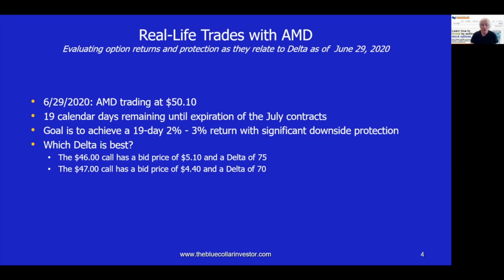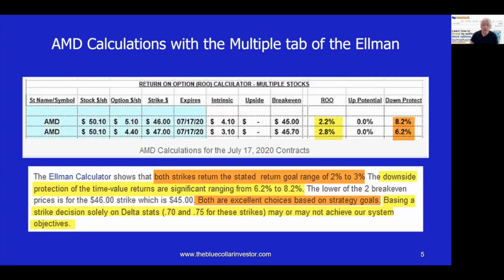The 47 call had a bid price of 4.40, lower, with a delta of 70. So more protection for the 46 call than for the 47 call, but the deltas are pretty close, 75 and 70.